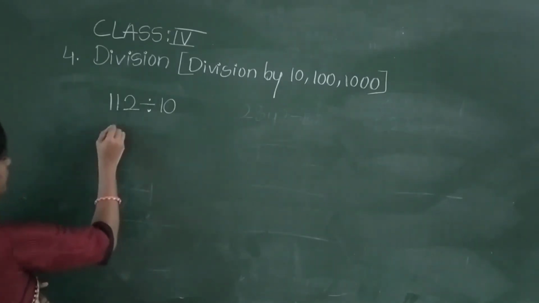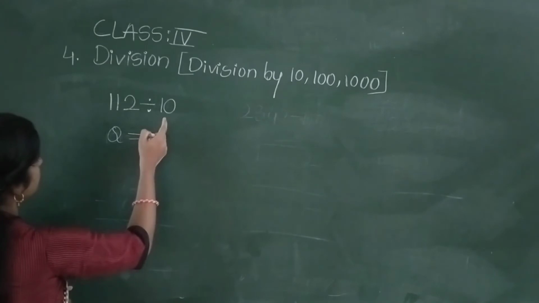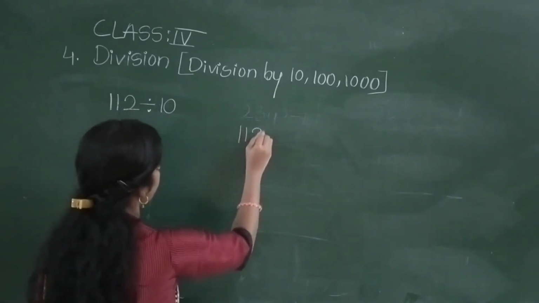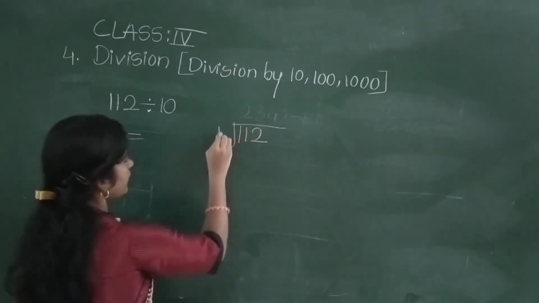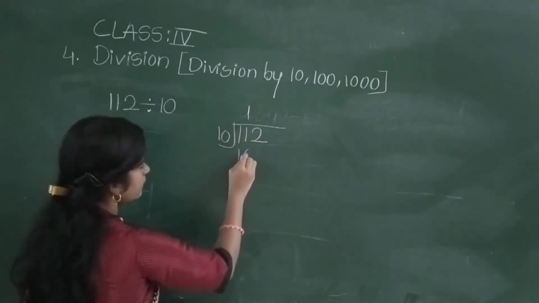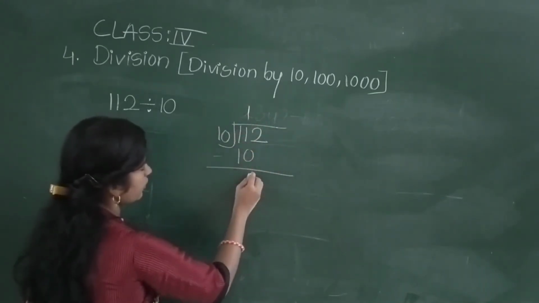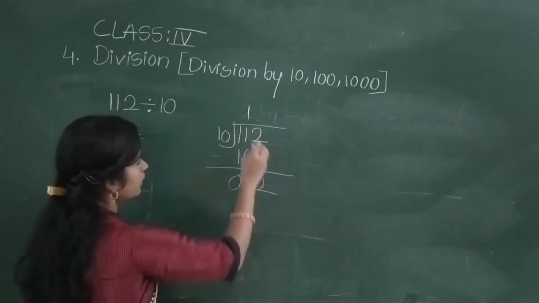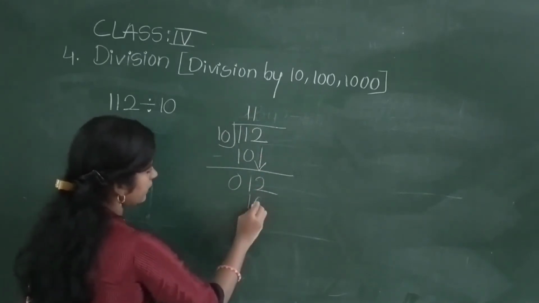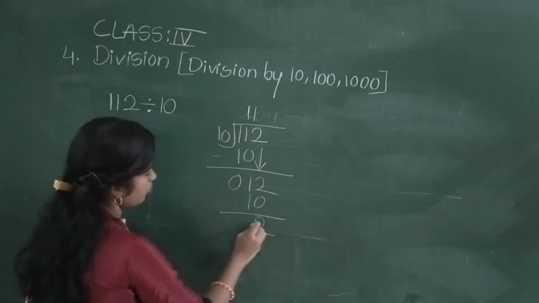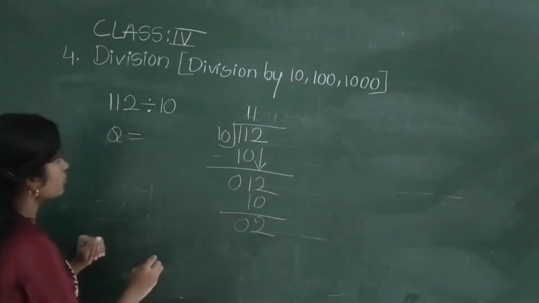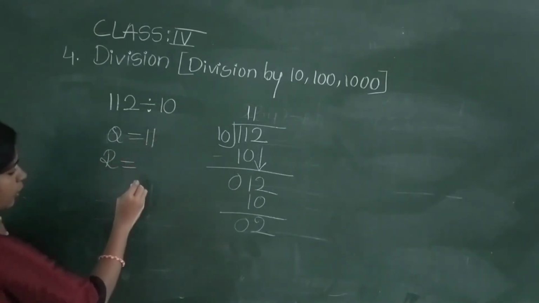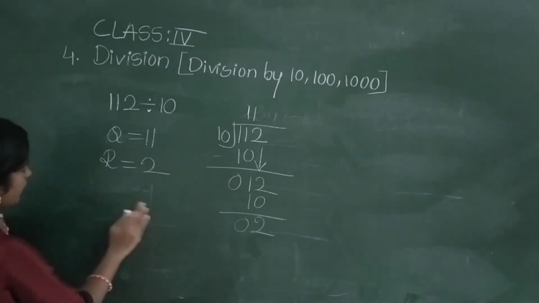Let us see how to solve this. 112 divided by 10. 10 ones are 10. 1 minus 0 is 1, 1 minus 1 is 0. Next you take 2 down, 10 ones are 10 and 2 minus 0 is 2, 1 minus 1 is 0. So here the quotient is 11 and the remainder is 2.